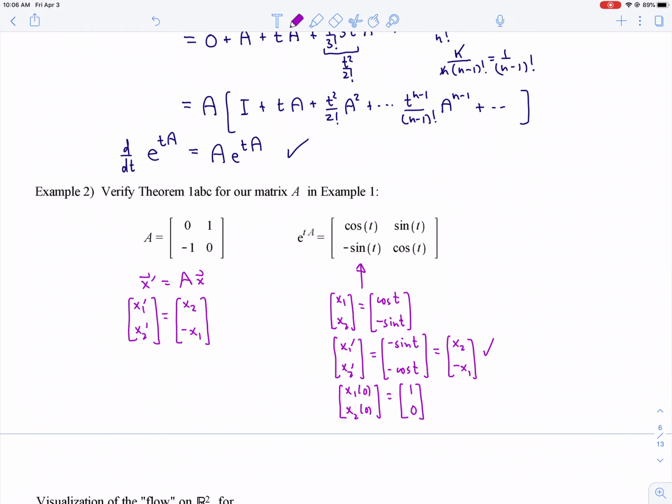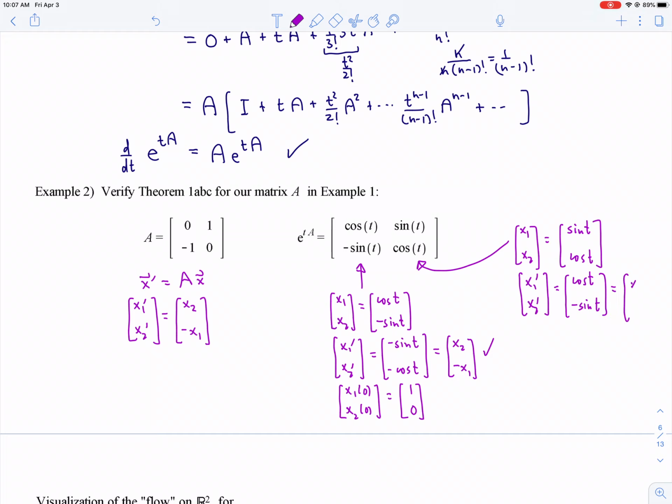So that's the first column, and if I do the second column, I'll have x1, x2 is sine of t, cosine of t, x1 prime, x2 prime is cos t, negative sine t, which is x2, negative x1.